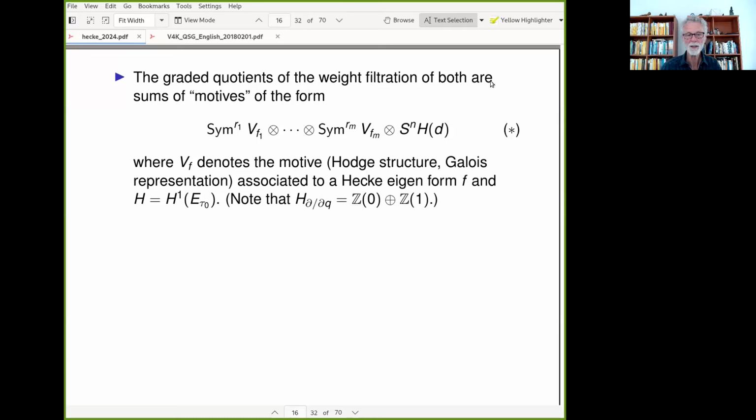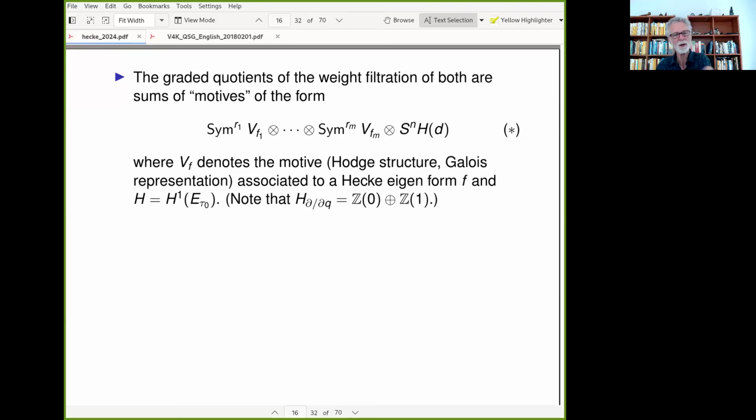I should point out, if you take the tangential base point, this symmetric power of H will just be a sum of Tate things, because H1 of this first order smoothing of the nodal cubic is just Z(0) plus Z(1). Anyway, you can ignore that.